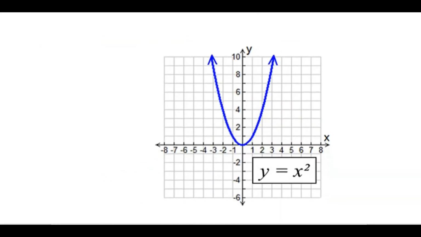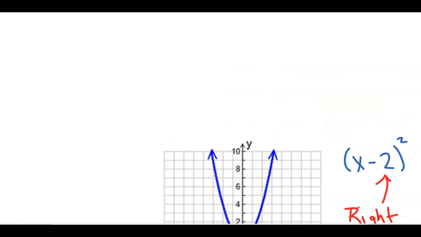If I were to make a change to this and make it x minus 2 squared, this 2, even though it looks like a negative 2, which negatives we usually think move to the left, this is actually going to move this to the right.